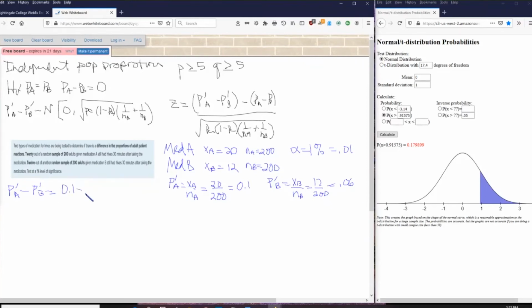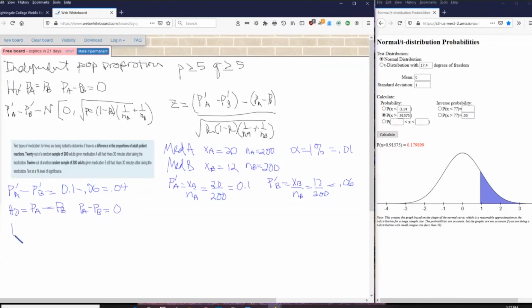So now if I want the difference of these two, 0.1 minus 0.06, which is going to give me 0.04. My null hypothesis is going to say that the population proportion for A is going to equal the population proportion of B. And I've got P of A minus P of B is going to equal 0.